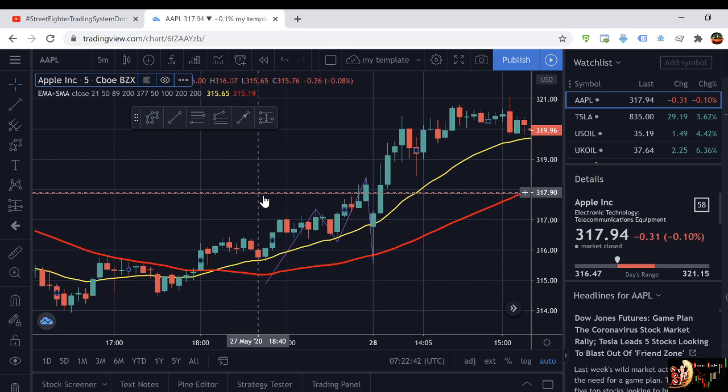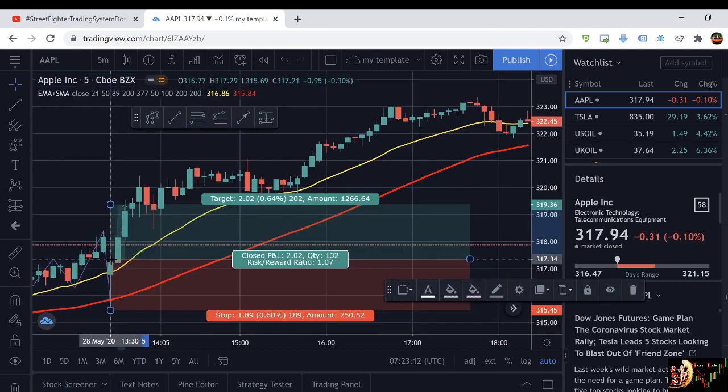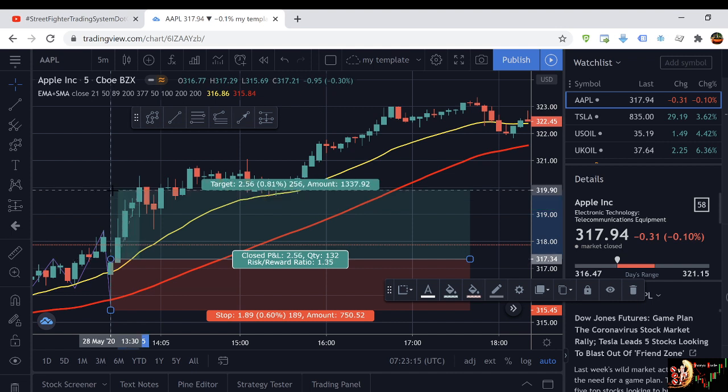But on this one it does. Basically here was your risk, right? And then your reward is 0.6 times 2, so 1.2, right? And it would have reached over here. Okay, so this is basically how you can train yourself.